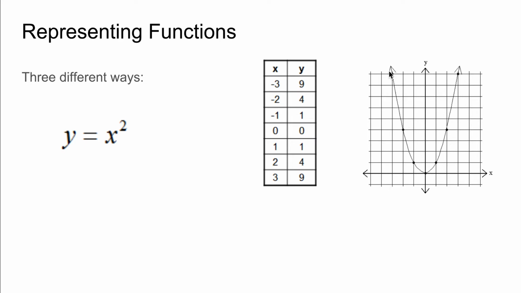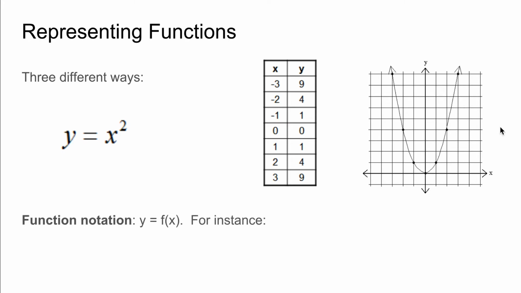One thing this allows me to do, by the way, if I want to say, what's 2.5 squared? Well, if my x is 2.5, it'll be somewhere between 4 and 9. I'll look on the graph, and 2.5 squared is going to be about 6.25. And that's actually right. 2.5 squared is 6.25. So these are 3 ways of representing functions.